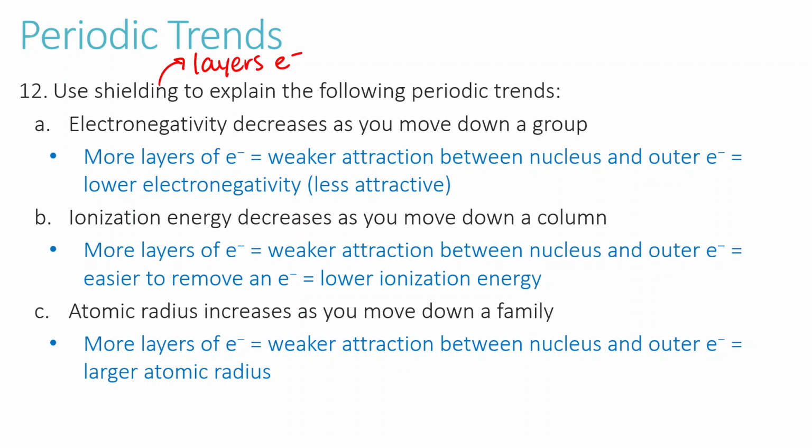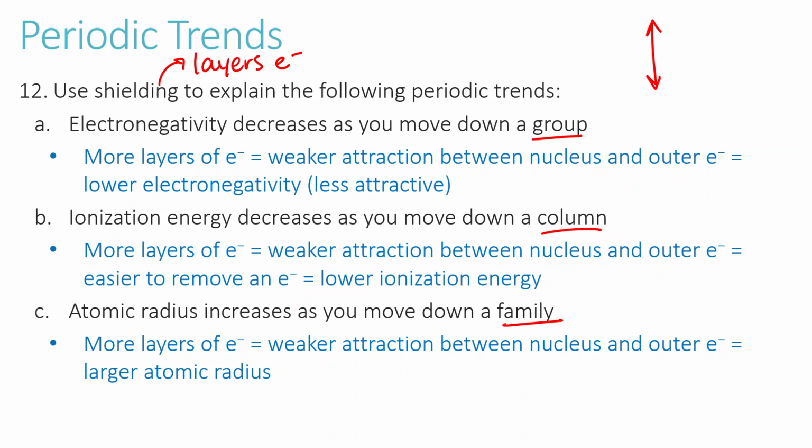As we get more layers of electrons going down a group, column, or family, which all mean the same thing, we're talking about up and down, a column. As we get more layers of electrons, the attraction between the nucleus and the outer electron gets weaker. So my electronegativity gets lower. It's less attractive to electrons.